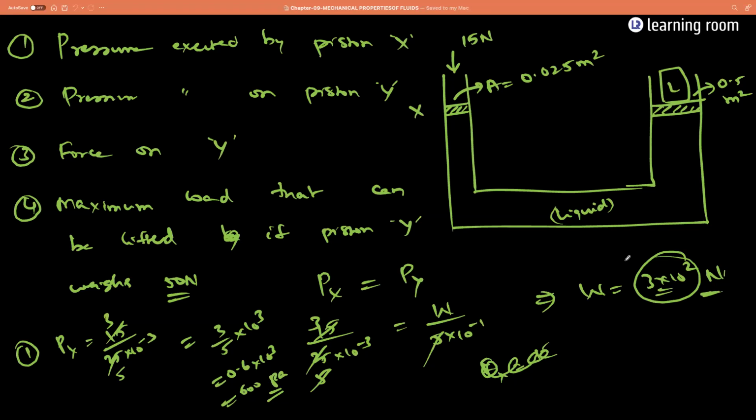That's right. Because in the third case, we didn't consider the piston to have any weight. If the piston was weightless, the weight that could be lifted is 300 Newton. But now the piston also has some mass, so the answer for the fourth one is going to be 250 Newton. Is the point clear?